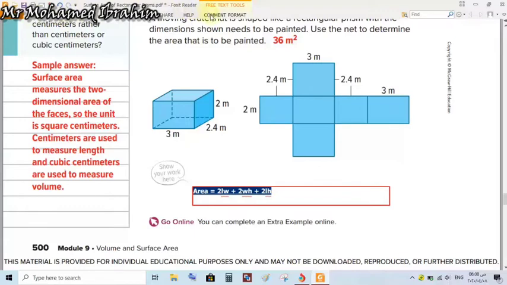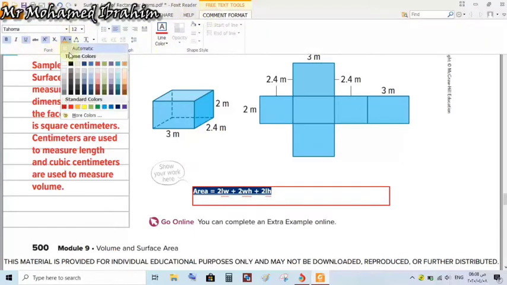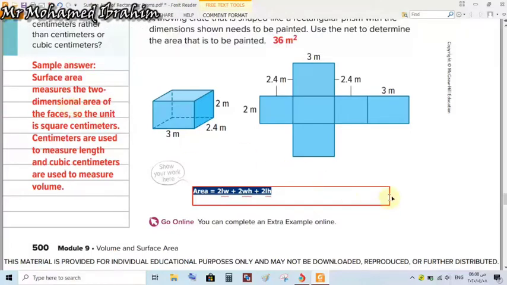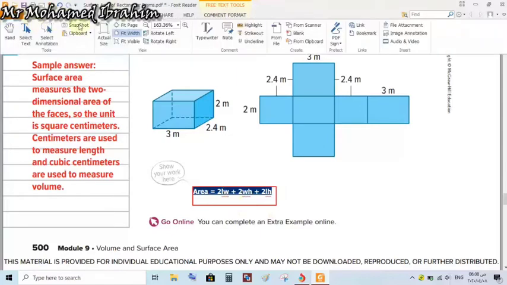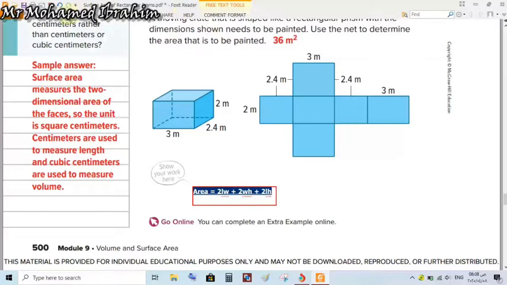What is this color? I want to make it black. No, red. Red is good. I'll try to make it bigger for you.